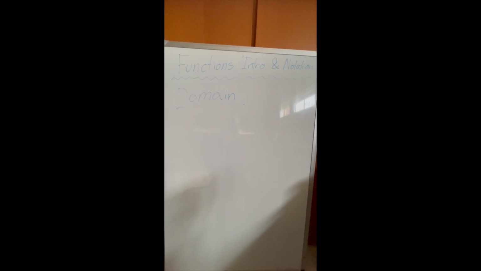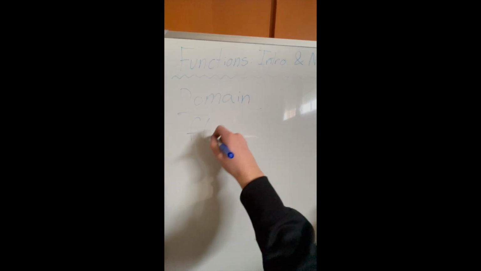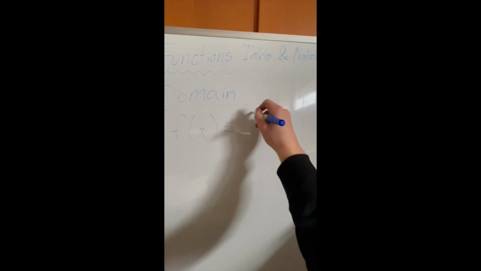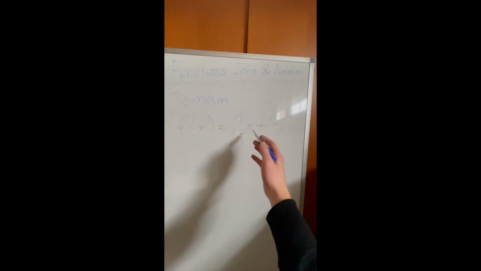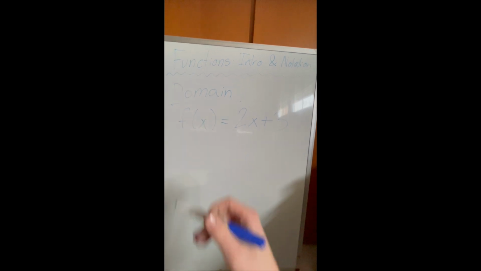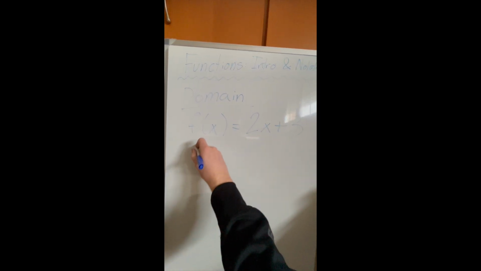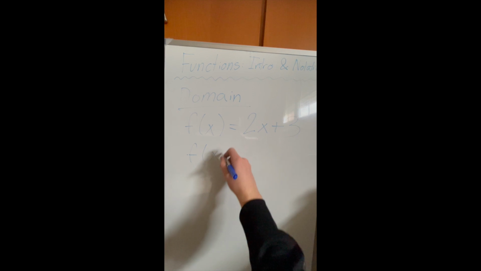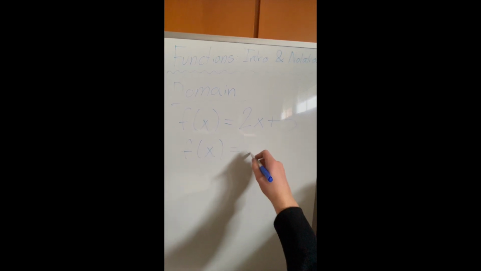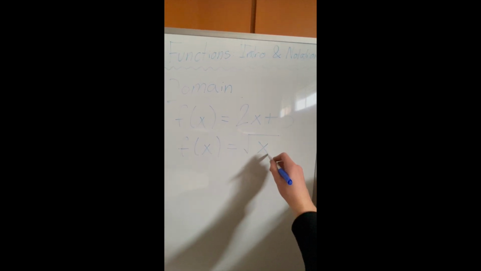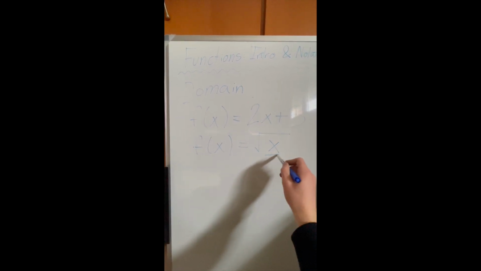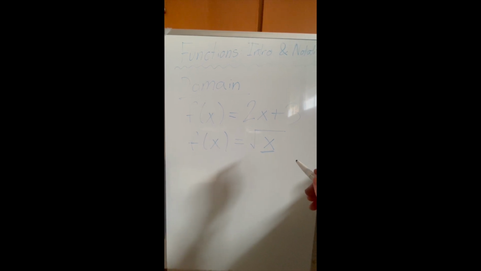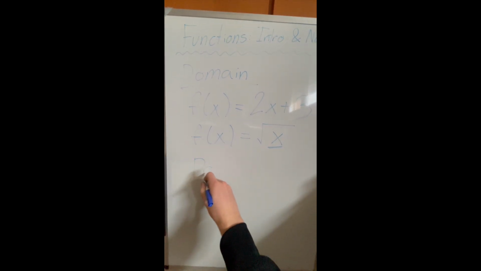For example, if we have a normal linear equation, like f of x is equal to 2x plus 3, as we saw before, any input of x will give you an output. But, for example, the domain of this function, square root of x, is not all values, as a square root cannot be negative. So x is always positive.